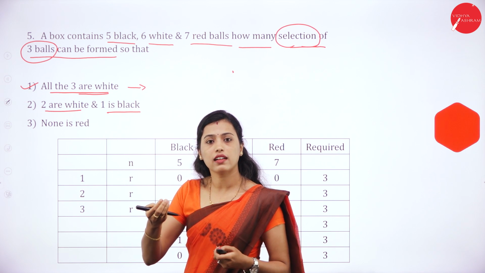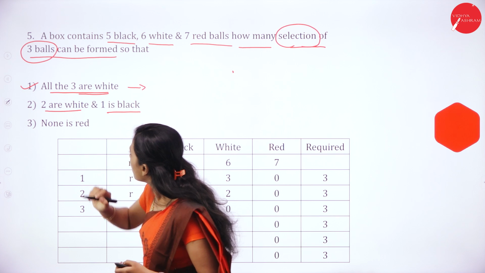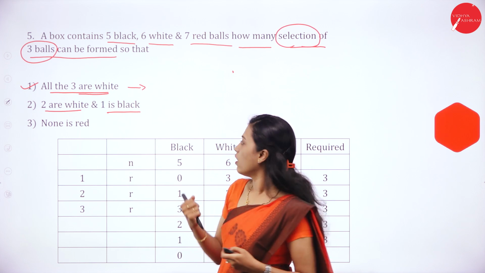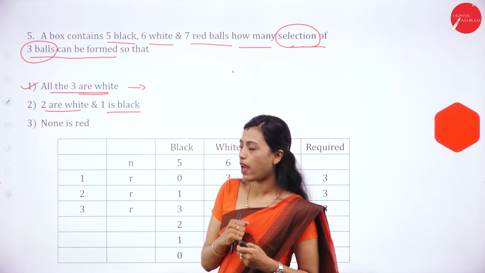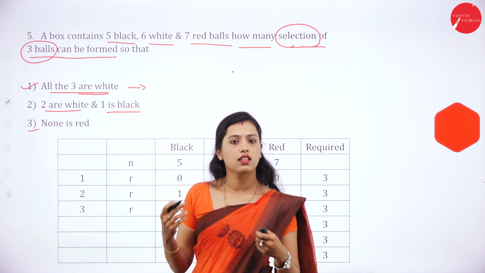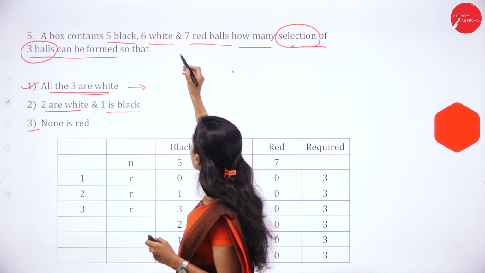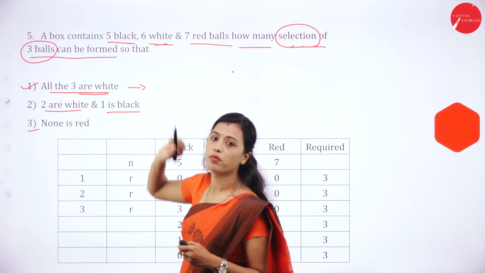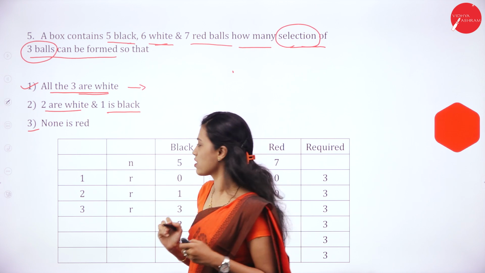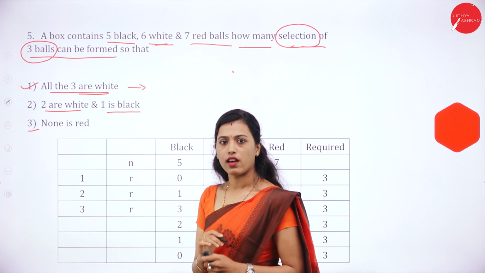So we are going to select 3 balls, out of which 2 should be white and 1 black. And the third condition is none is red. All the 3 balls should be either white or black. Here we will construct the table now.